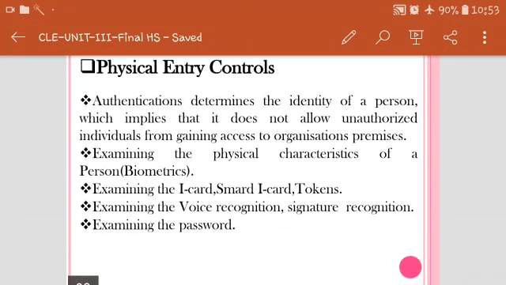Next, examining voice recognition and signature recognition. In voice recognition, the person speaks a word or phrase that has been recorded in a monitored condition. How do we recognize a signature? The person signs his or her name and the system matches the signature with the recorded signature.